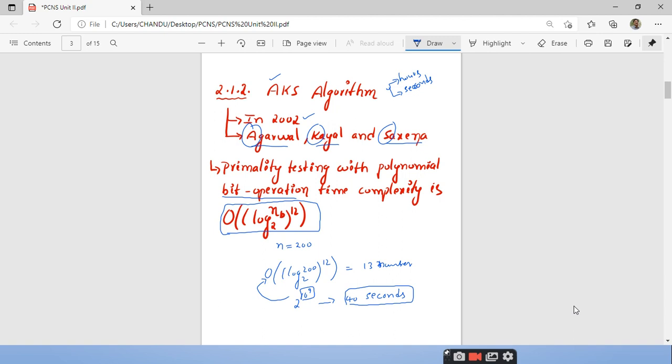Coming to the gist of all these things, the deterministic algorithms have two types: the first is the divisibility algorithm and the second is the AKS algorithm. Both failed in primality testing of very large numbers, not small numbers. Why?